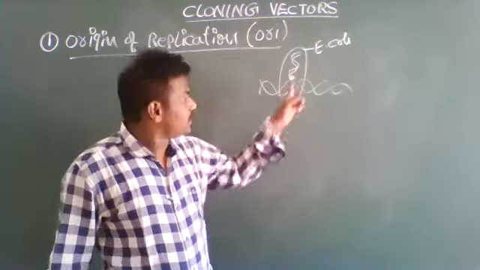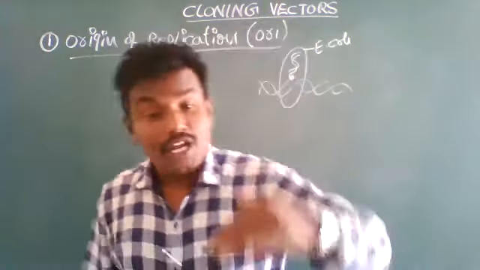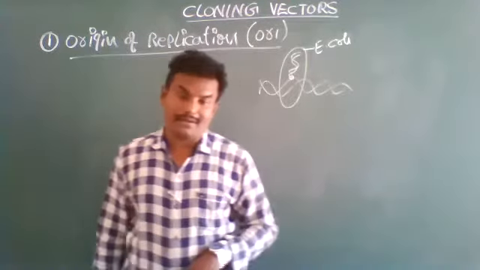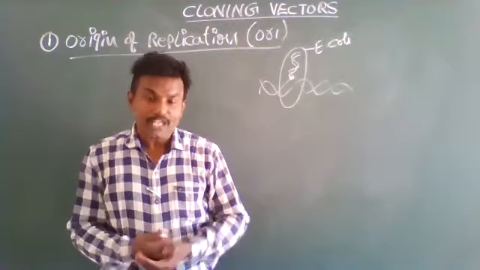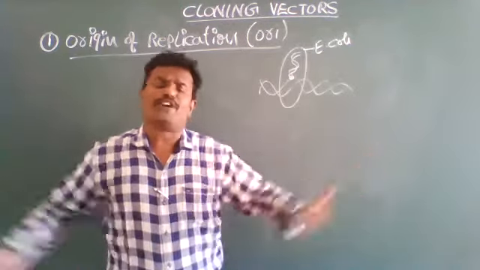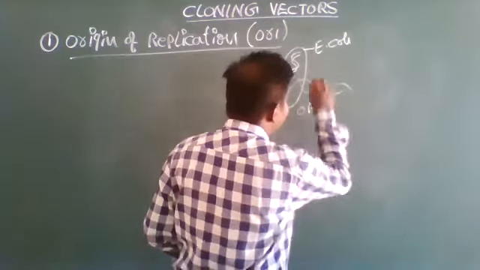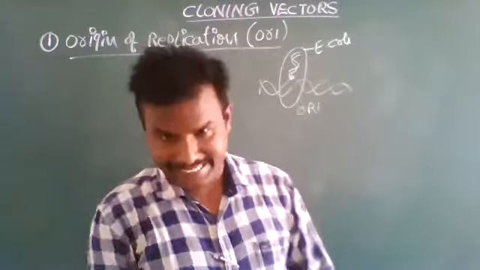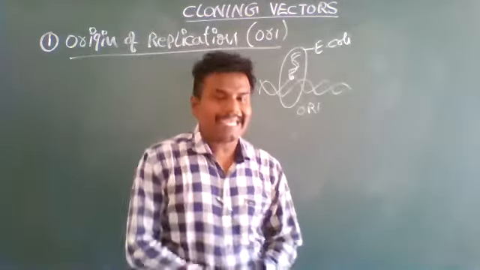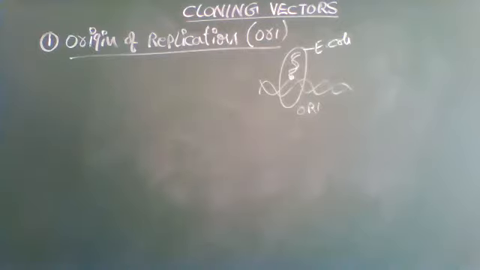Okay, so this ORI sequence can control the production of a higher copy number. If you want to produce more and more foreign DNA, whose ORI supports such production, only that ORI we need to take. That's all. Once again, origin of replication is the sequence from where replication starts.